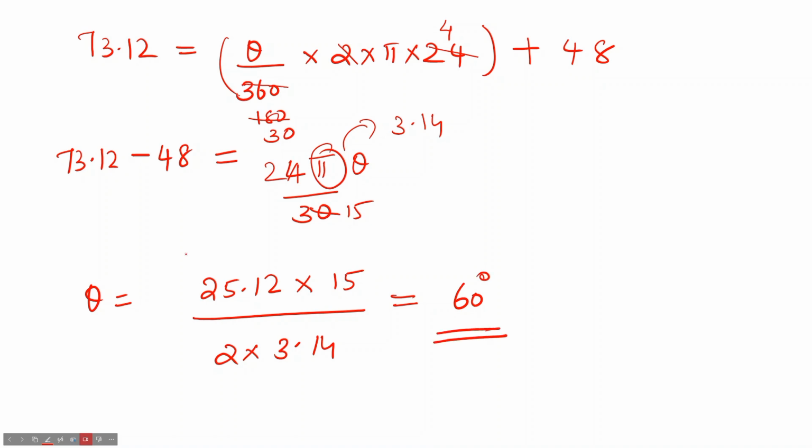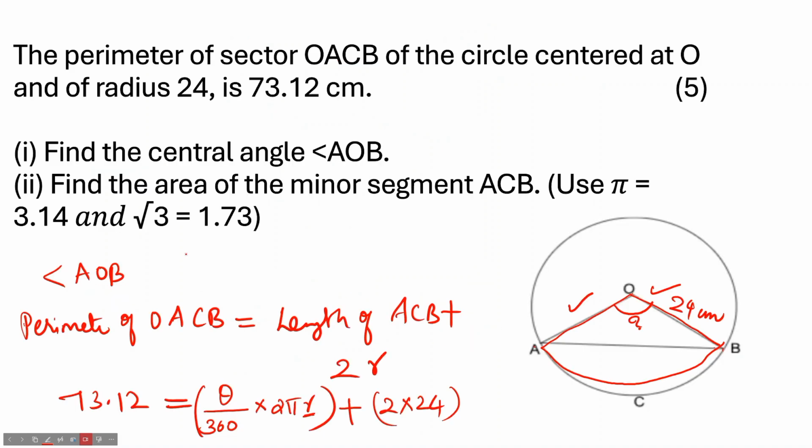Okay. And have you noticed this angle is 60 degrees and OA and OB are equal? So we know two things. One angle is 60 degrees and OA and OB are equal. So if we consider this as an isosceles triangle OAB, angle OAB and angle OBA should be equal, right?